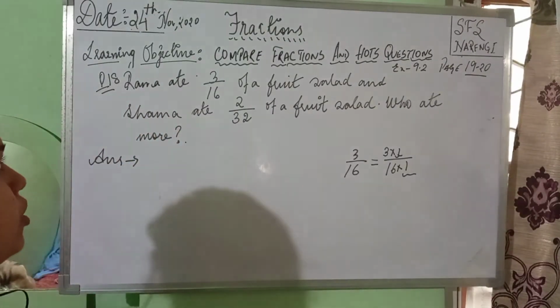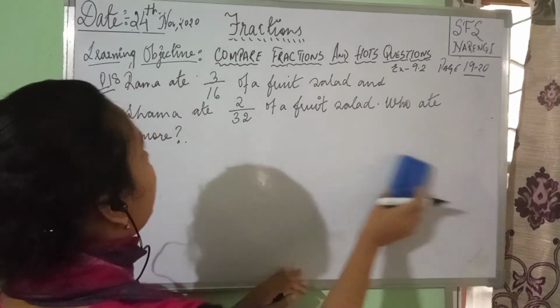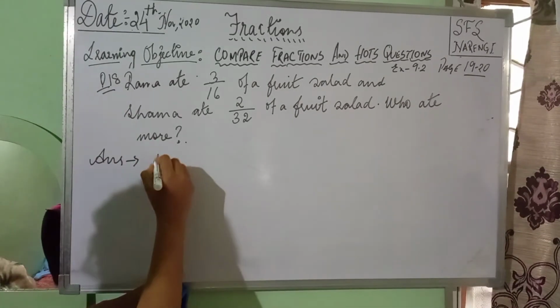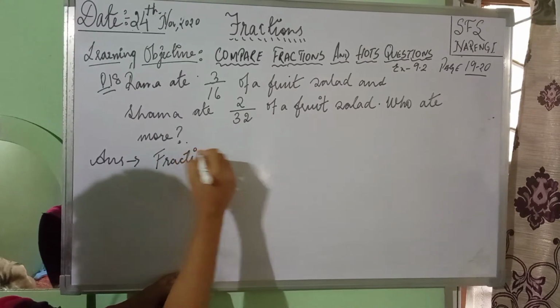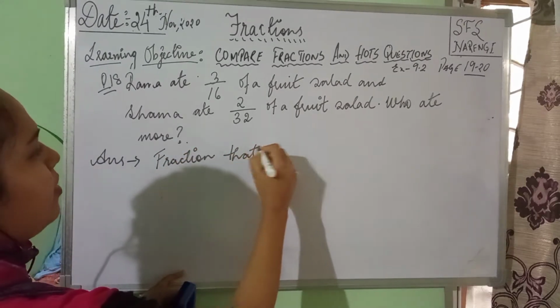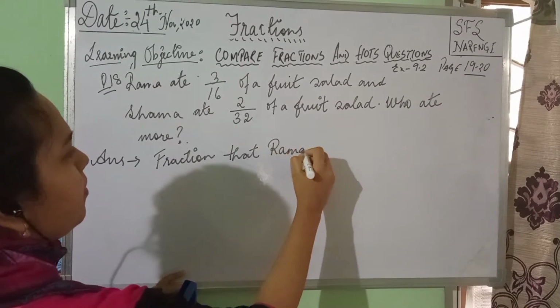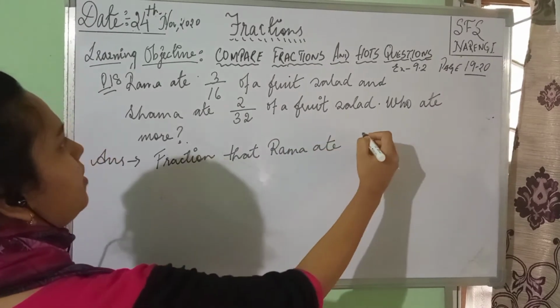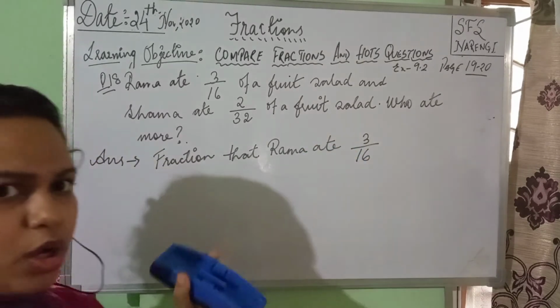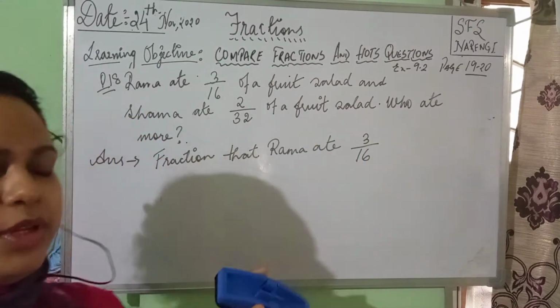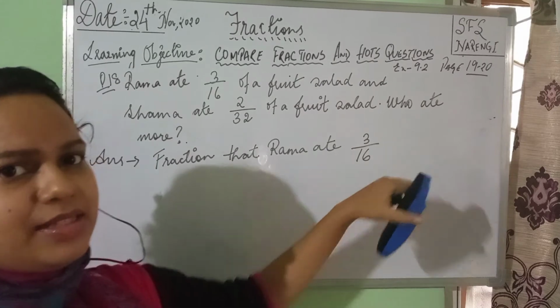All right. So see children, the fraction that Rama ate is 3/16. 3/16 is already in the lowest form. It cannot be reduced further. We will keep it as it is.